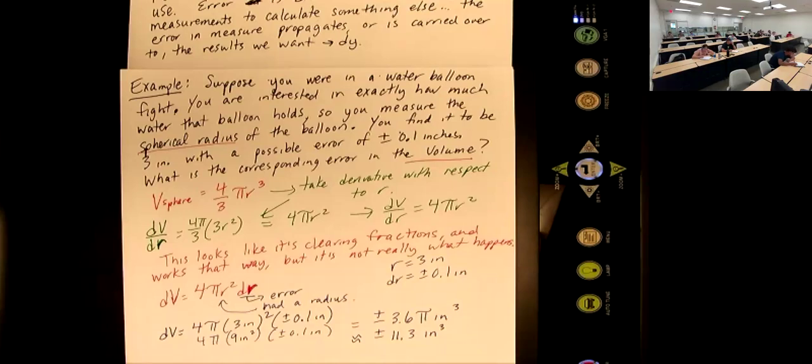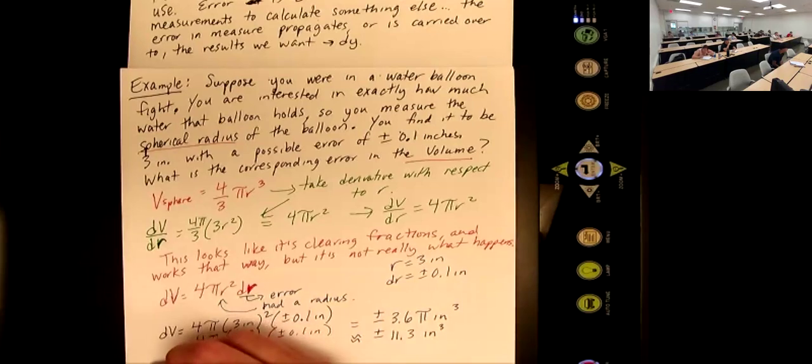Is that a lot? Is that a big error? It's kind of hard to tell because we don't really have what the volume of the balloon was. Why don't we figure out real quick what the volume of the balloon was, ignoring the error?